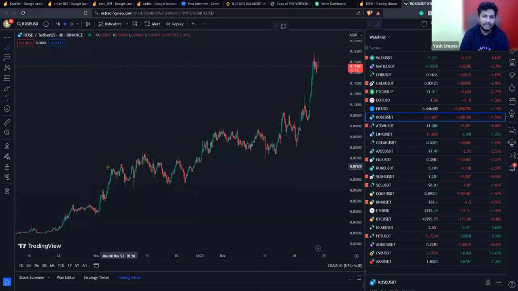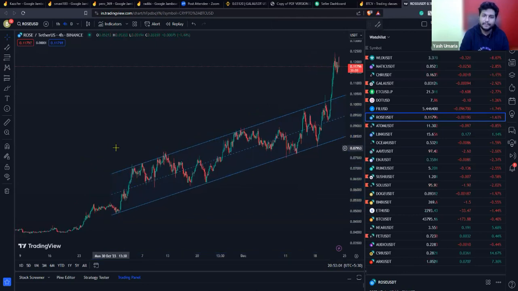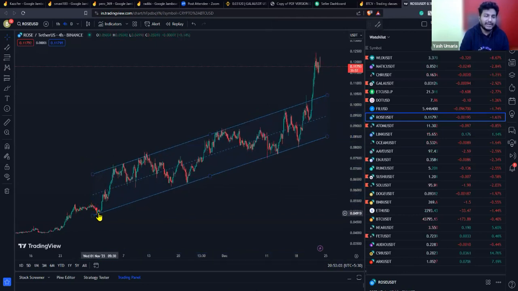You can just use a parallel channel. Of course, you can't take a trade right here. You can't take a trade on this one because that's the second point. But you can take a trade right here in this area.